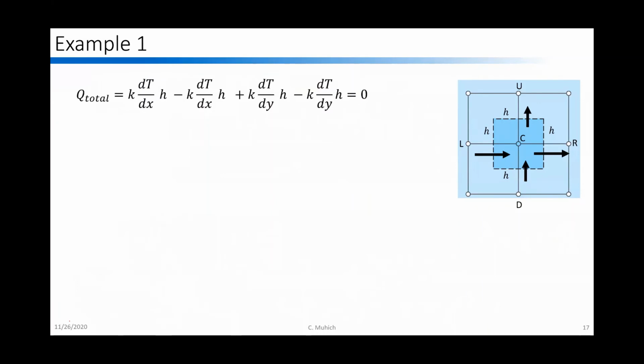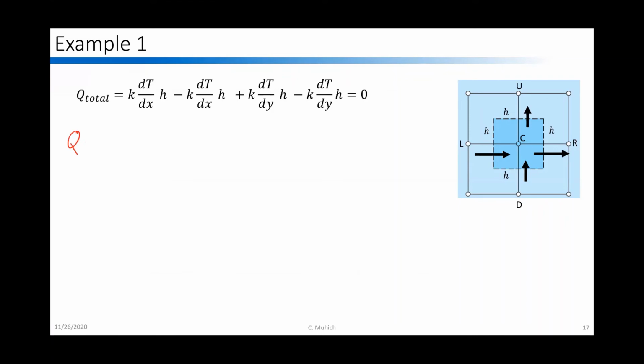So I can write this out again. This is our Q total, that's from that previous slide. It equals 0. There's my dT's going in and out, the different pieces.